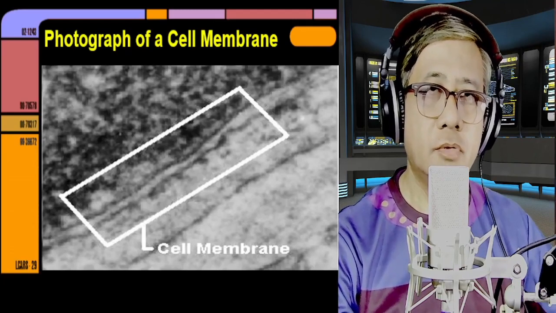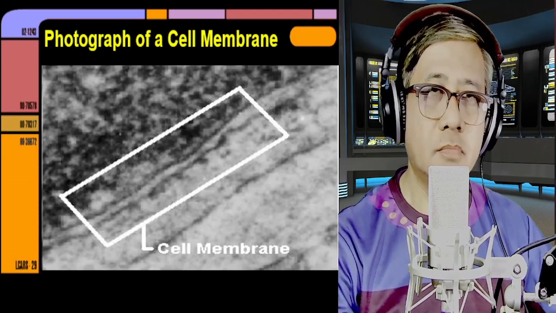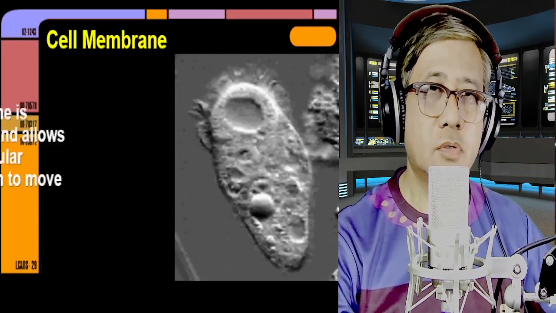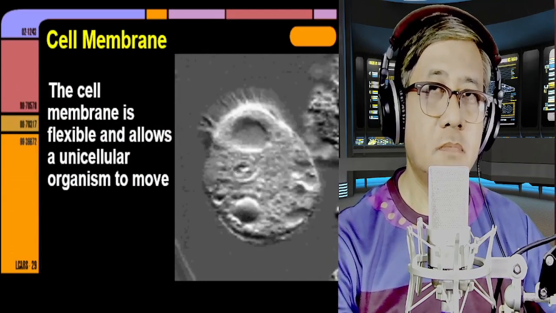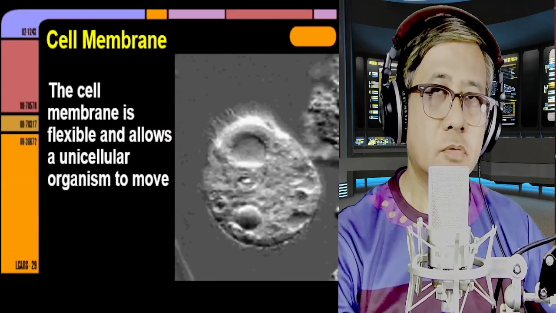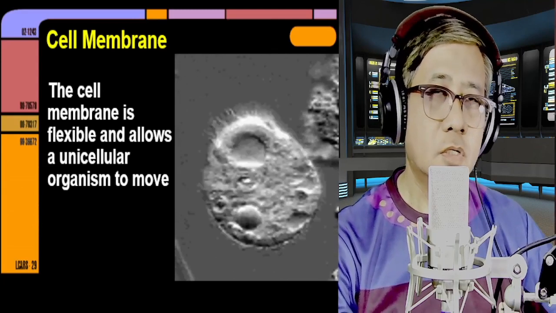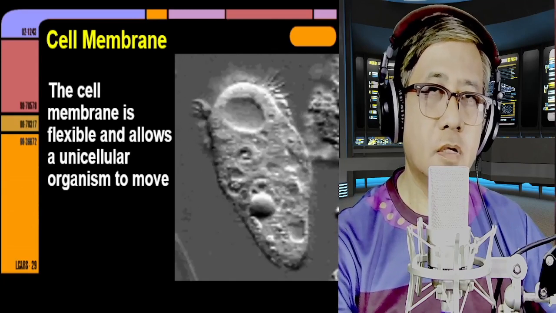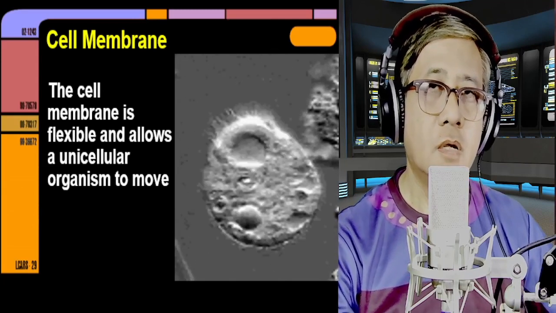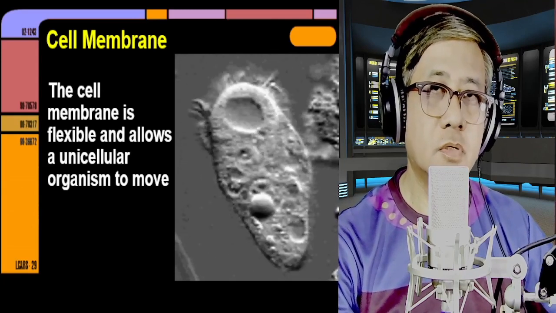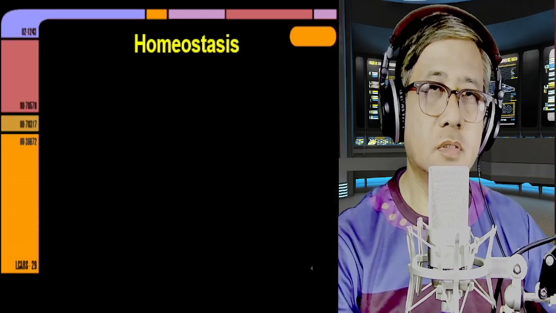Now the cell membrane or the plasma membrane is flexible and elastic, and it allows protozoans like the one in this picture to move. So the cell membrane plays a very important role in the locomotion of certain organisms like protozoans.